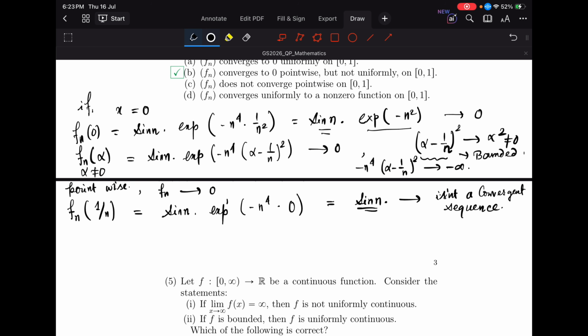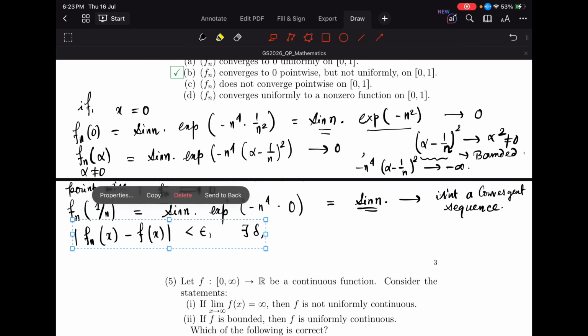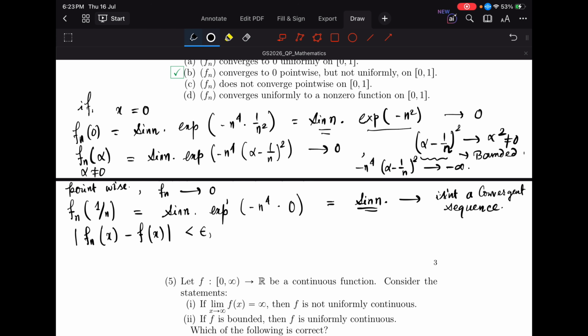So you can just prove it by this Cauchy definition. If this is uniformly convergent to some function, let's say f of x, then for all epsilon there exists n epsilon such that for all n greater than or equal to n epsilon we have this inequality, that |f_n of x minus f of x| is less than epsilon, right?